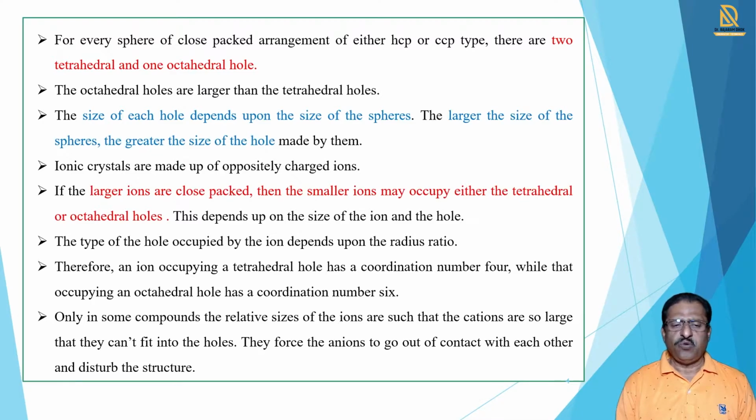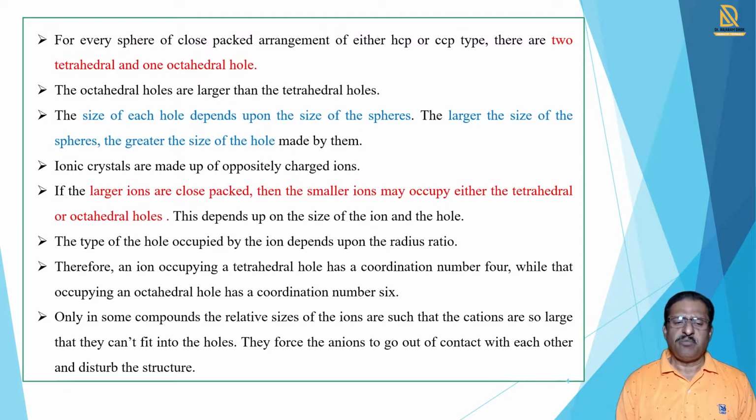The type of hole occupied by the ions depends upon the radius ratio. Therefore, an ion occupying a tetrahedral hole has a coordination number 4, while an ion occupying an octahedral hole has a coordination number 6.